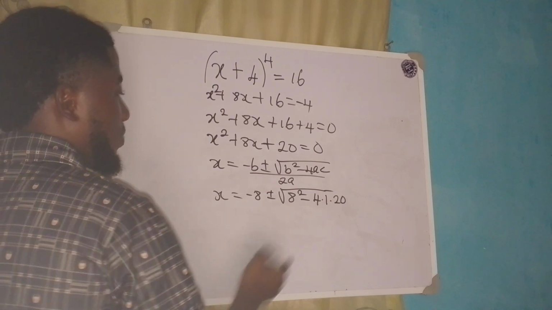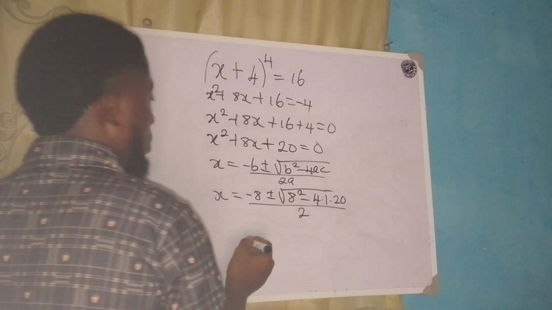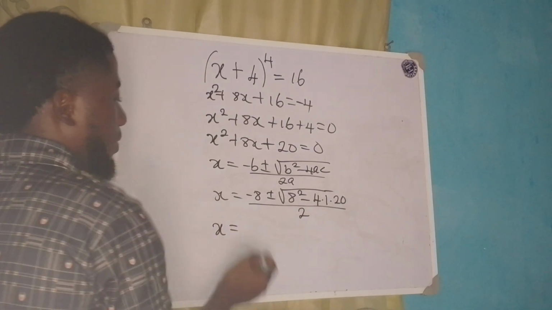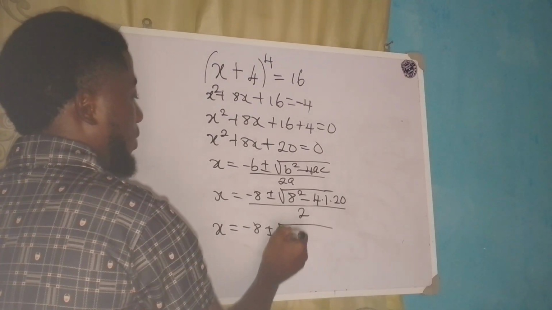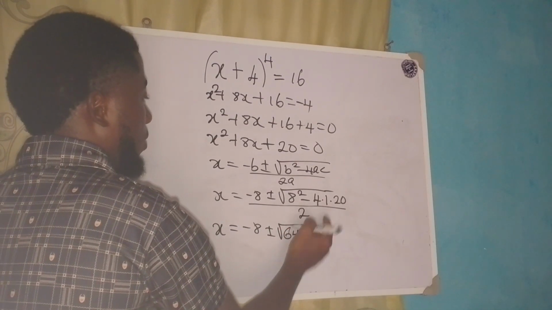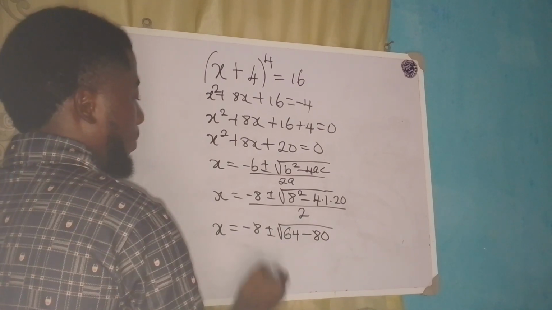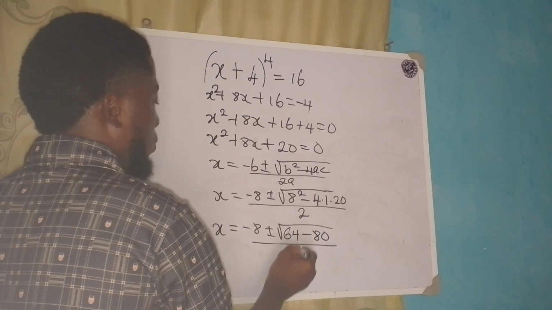Then we divide all of this by 2, because 2 times 1 will still give us 2. Now our x is minus 8 plus or minus 8 squared, which is 64, minus 4 times 1 times 20, which is 80. Then we divide this by 2.